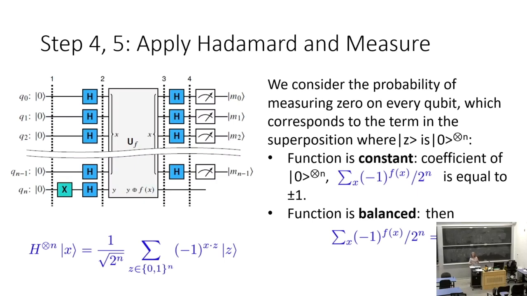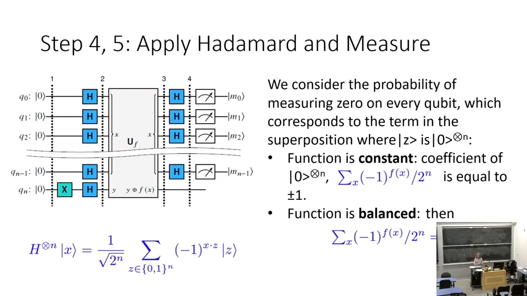I guess maybe I should make the note. This dot product here, x times z, is x0 z0 plus x1 z1 plus, etc. The sum of the bitwise products. Okay, so now what we're going to do is measure the first register.